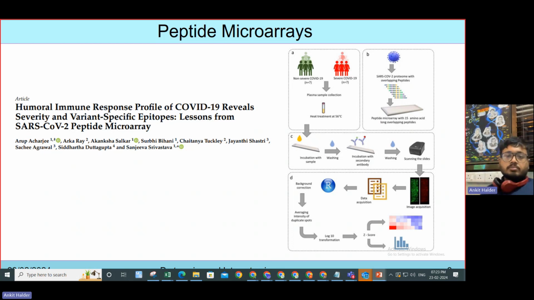If you have overlapping peptides printed on the arrays and chips, you will get more different information. One case study you can consider is the recent report on the immune response profile of COVID-19 from variant specific epitopes using this kind of peptide microarray.